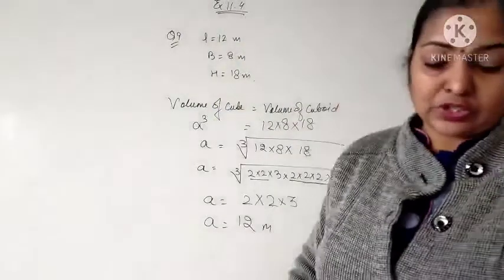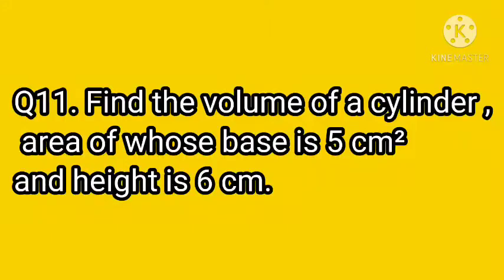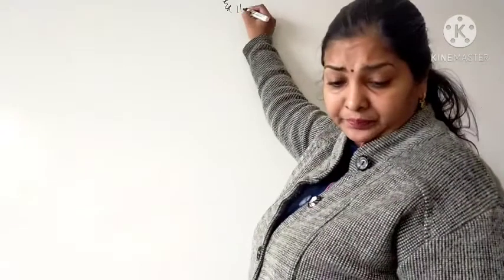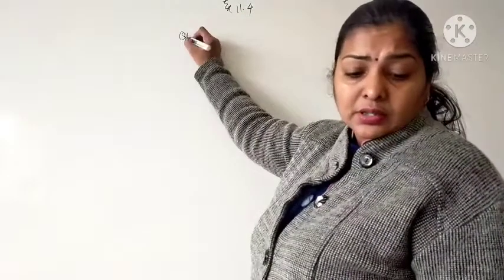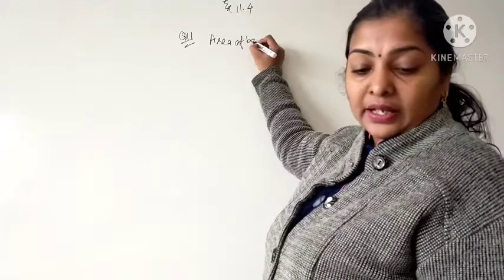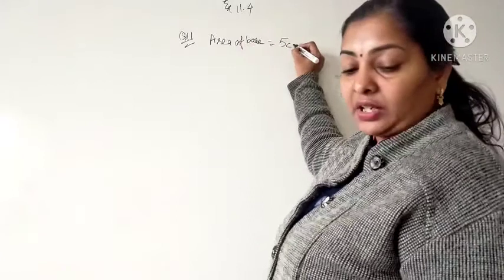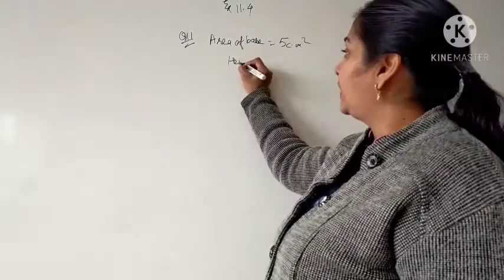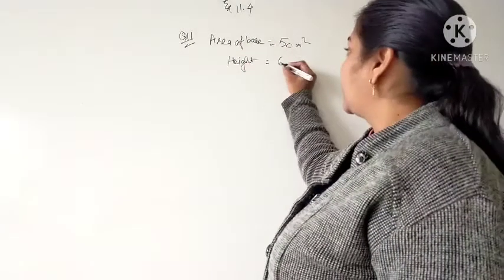Now let us move to question number 11. Find the volume of a cylinder, area of whose base is 5 cm square and height is 6 cm. You are given that area of base is 5 cm square and height is 6 cm.